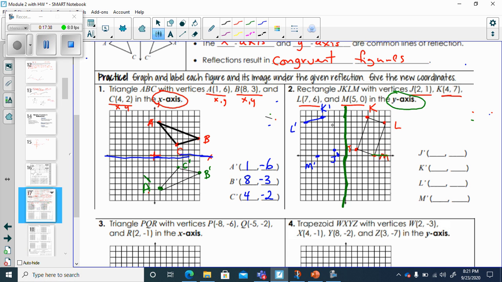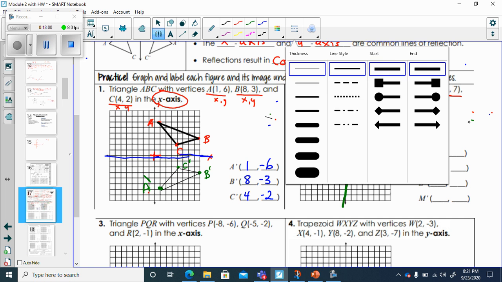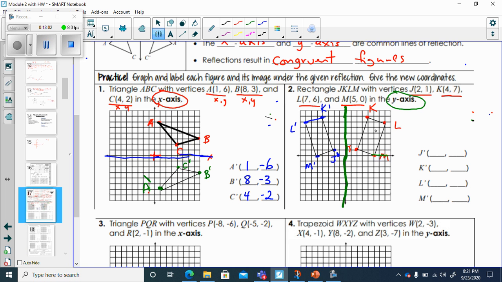Okay, I'll draw it so you can see it. I can read the points off here.